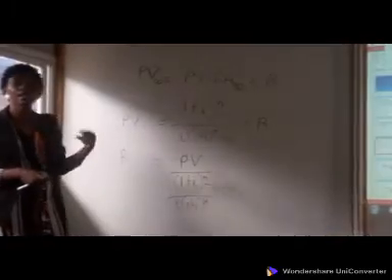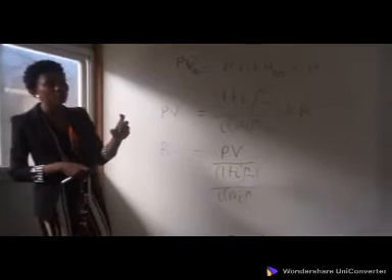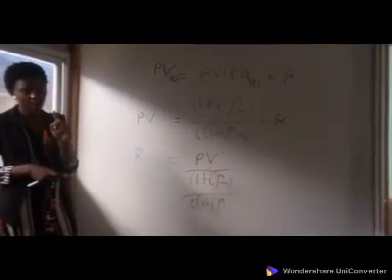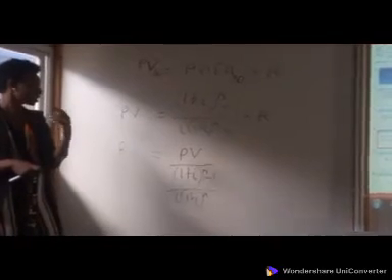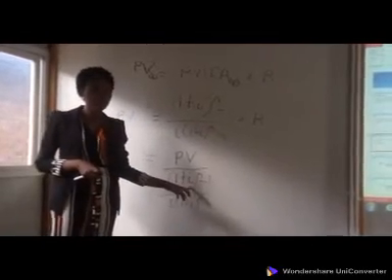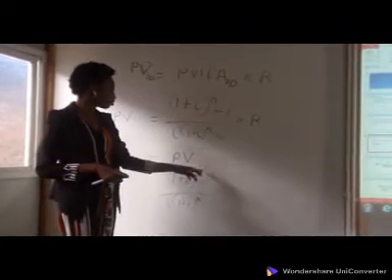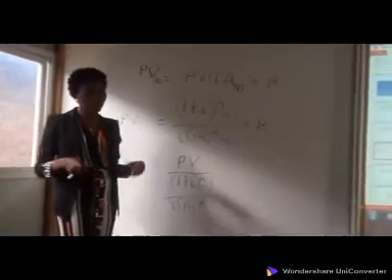There can be scenarios where we are compounding more than once. As we said in our previous lecture, we divide our interest by the number of times we are compounding, and we also multiply our time by the number of times we are compounding.